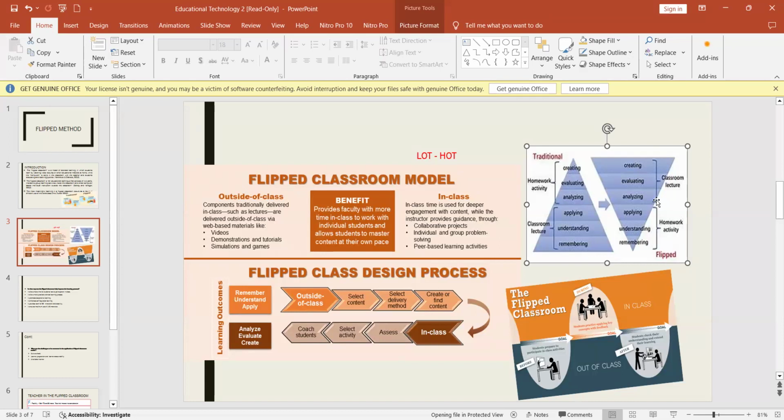Instead, you can get them to do out of class activities first and engage in lower order thinking activities, and be prepared to come to class. Then they come to class to do in-class activities which cater to higher order thinking.